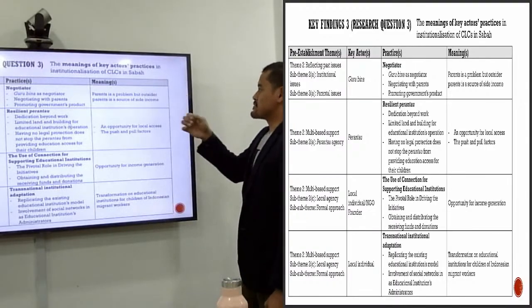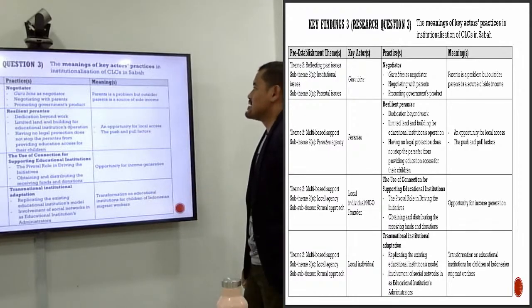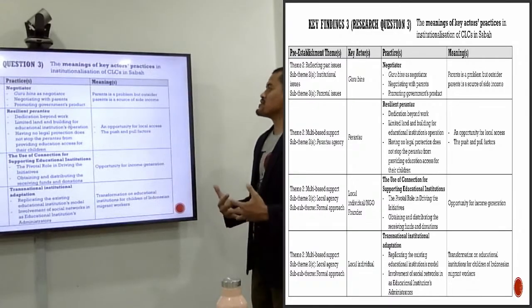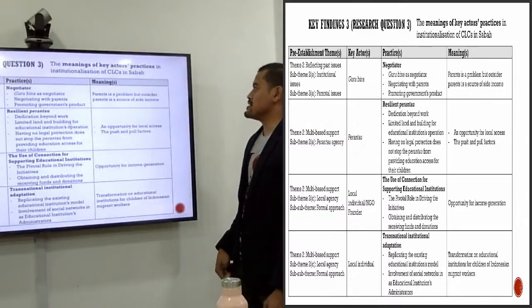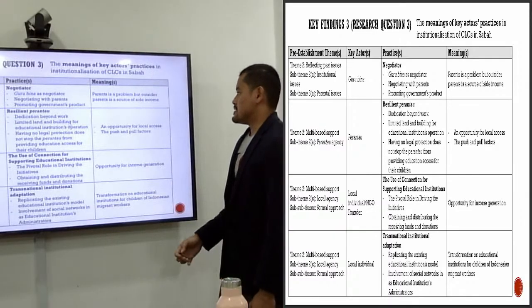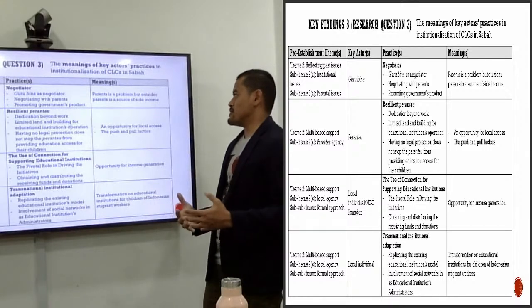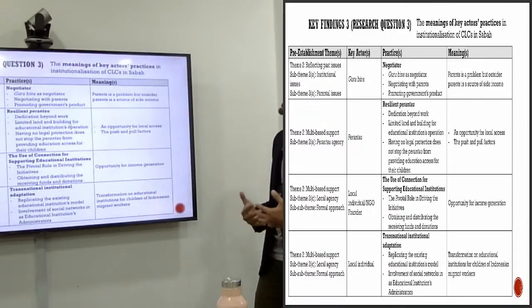This is my third question: the meanings of the key actors' practices. So it is to explore what motivates them to practice in a particular way. For example, perantau have some kind of resilience, meaning that the perantau behave in a resilient way.